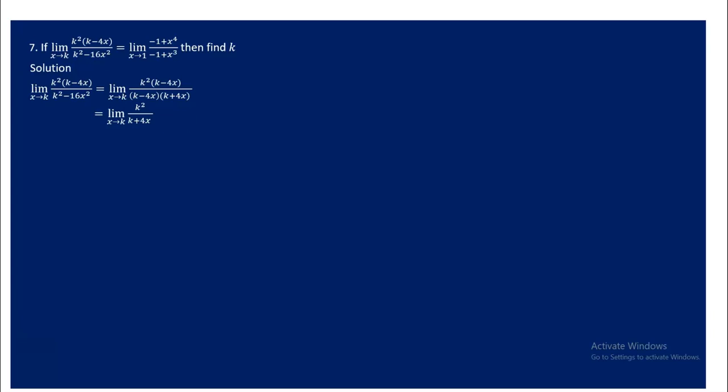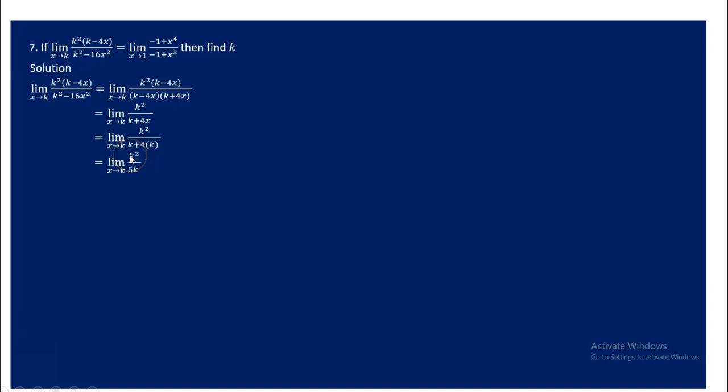Now, dear students, I can directly put k in place of x. But it's not good to write it with the limit symbol still there, so I better avoid it here. I can have k squared over k plus 4k.